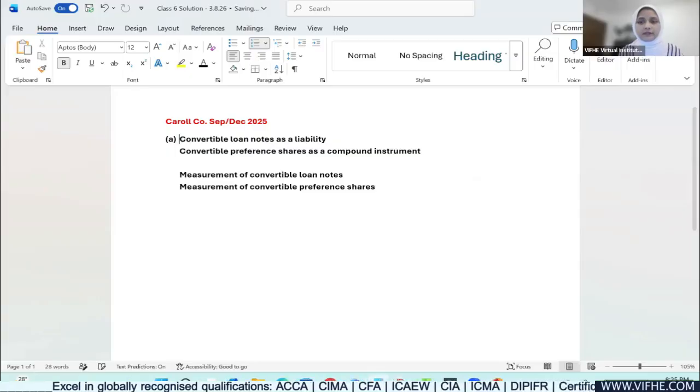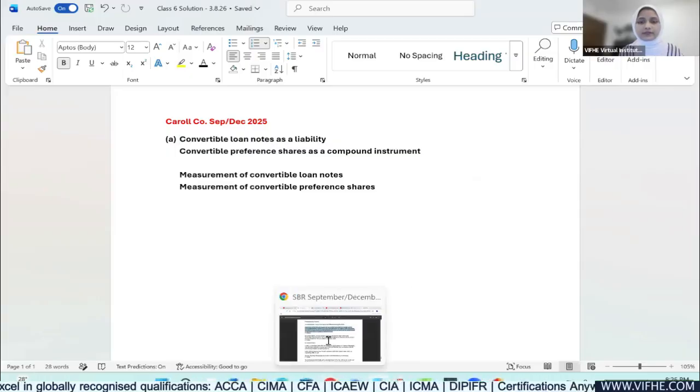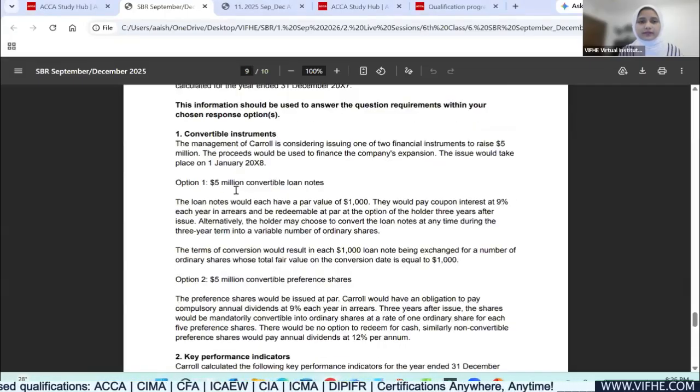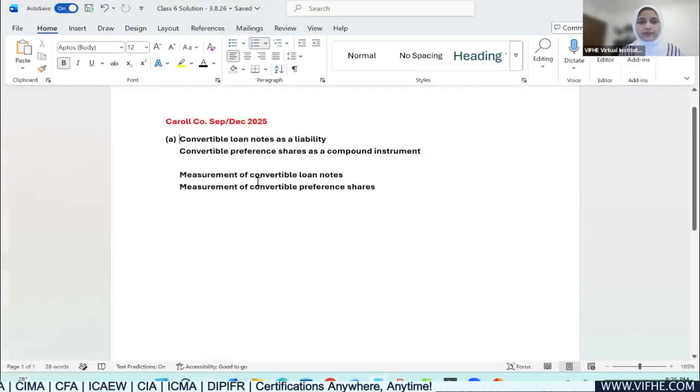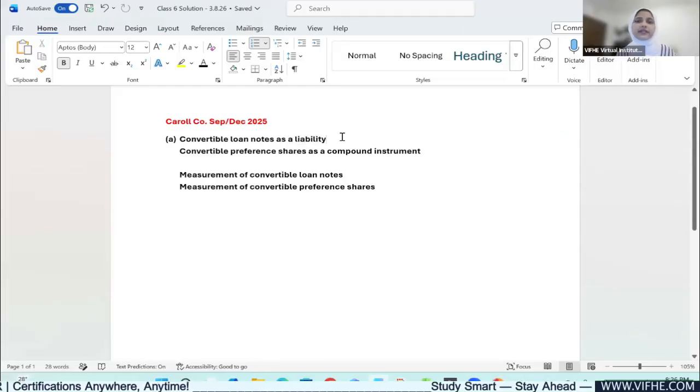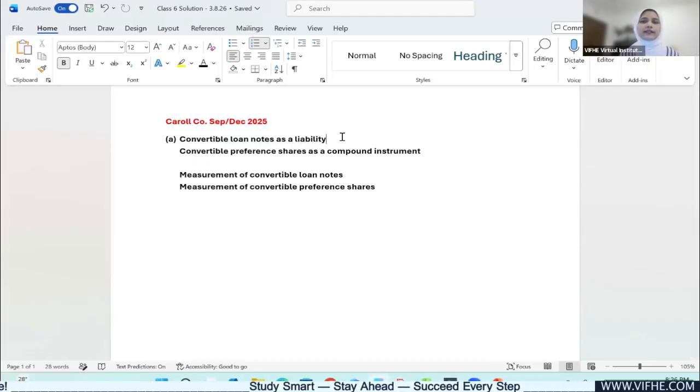Okay. Now coming to my question, exhibit rather. Now, convertible loan notes, I have to prove that it's a liability. So let's get into it. Okay, by the way, before I get into convertible loan notes as a liability, can you all tell me what were the keywords in the definition of liability that classified that, okay, so and so instrument can be a liability?